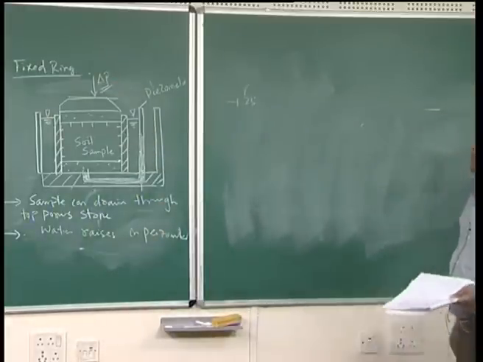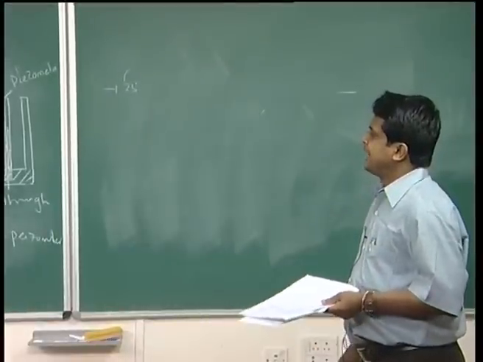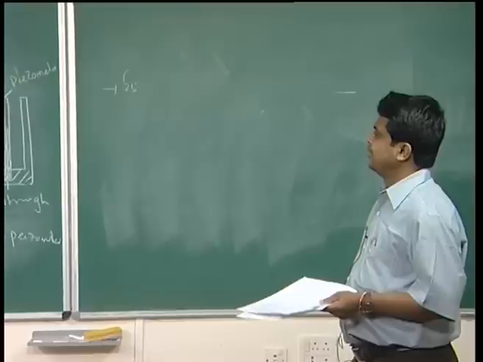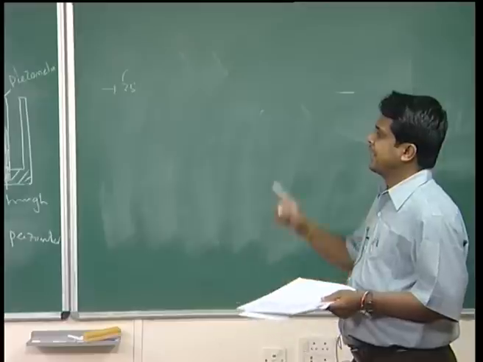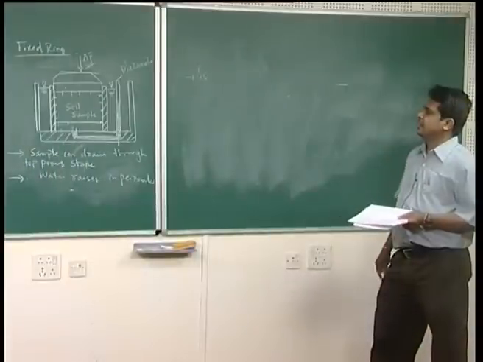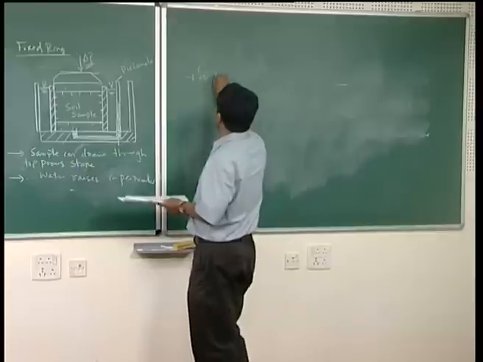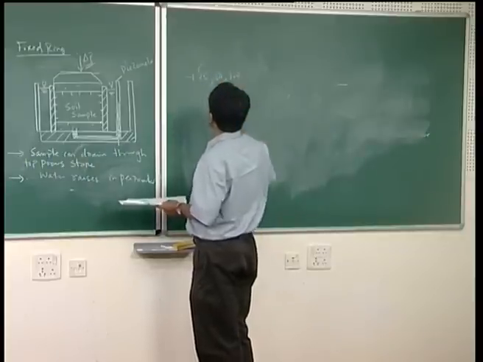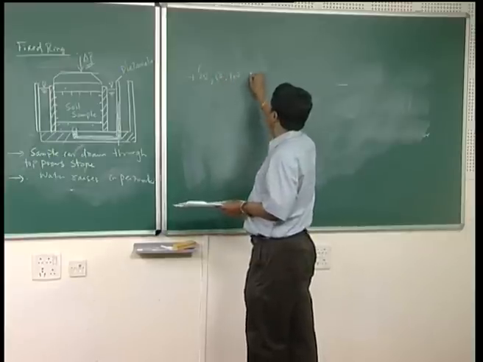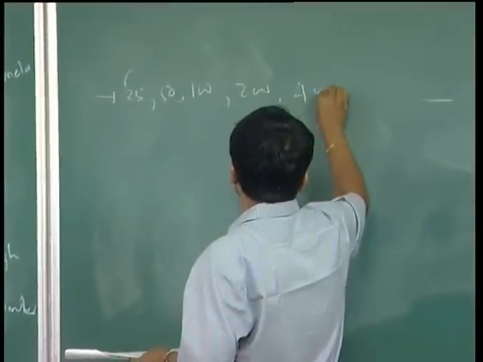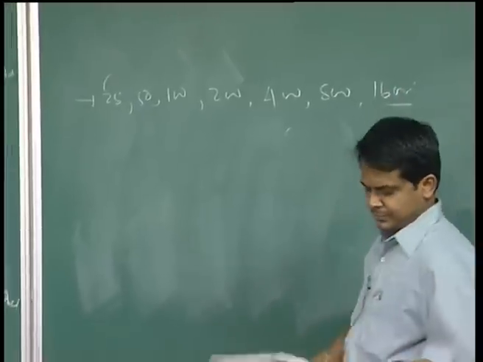In geotechnical engineering, if it is 25 kPa, then the next load will be 50, then 100. It is just double: 25, 50, 100, 200, 400, 800, 1600, like this.